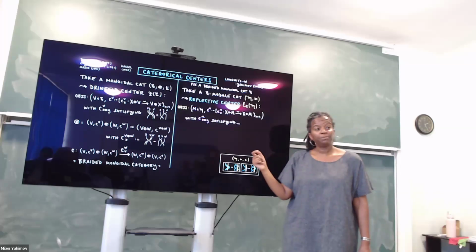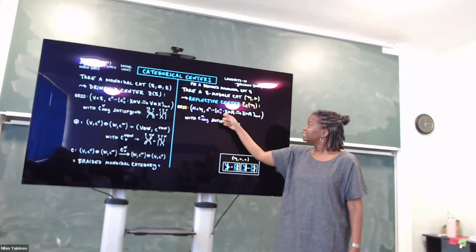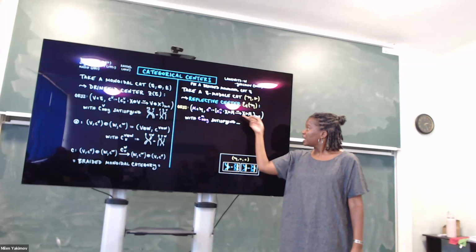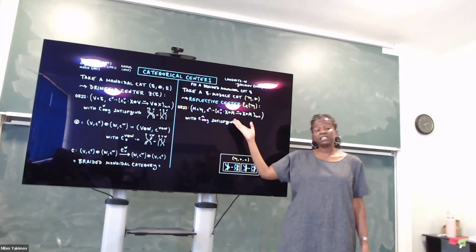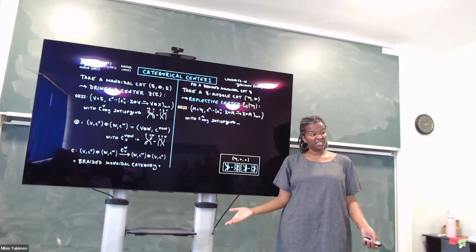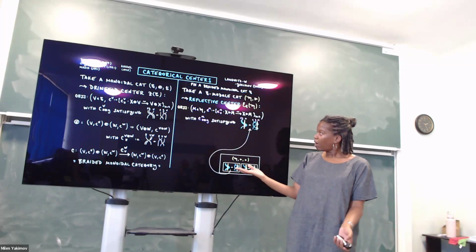Objects are going to be pairs (M, n_M) where M is in M. And we're going to have a natural isomorphism where M is fixed, but we vary over X, and we form components like so. Now, again, X varies, so we can stick X tensor Y at the bottom. It has to satisfy something, and satisfies that picture.